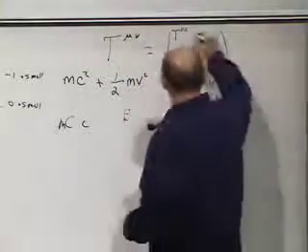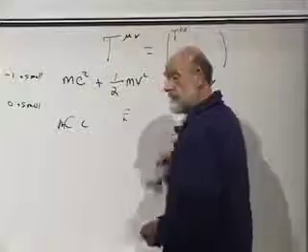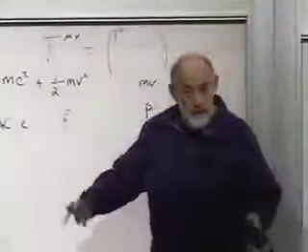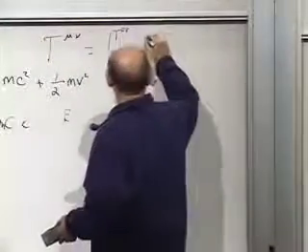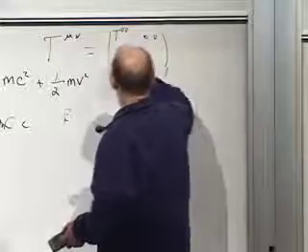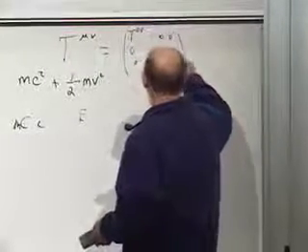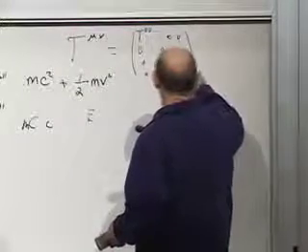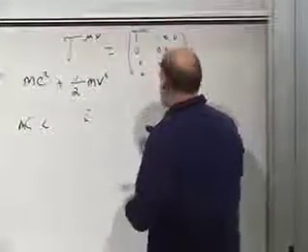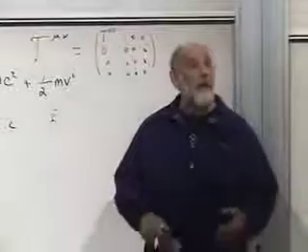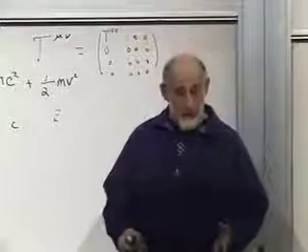The object's not moving very fast, so the energy flux will be small. The momentum density will be small. The flux of momentum will be small. Everything is small except T00. And what is T00? T00 is the energy density.